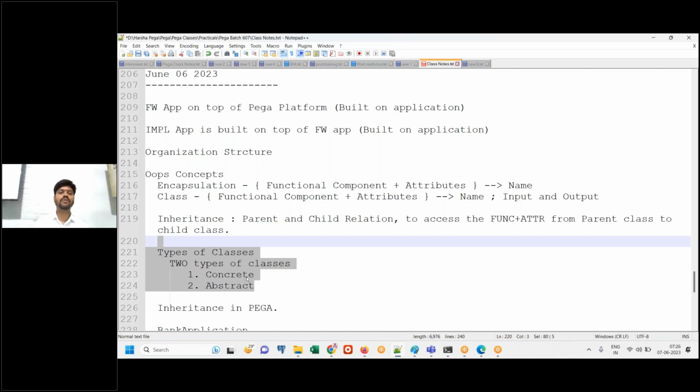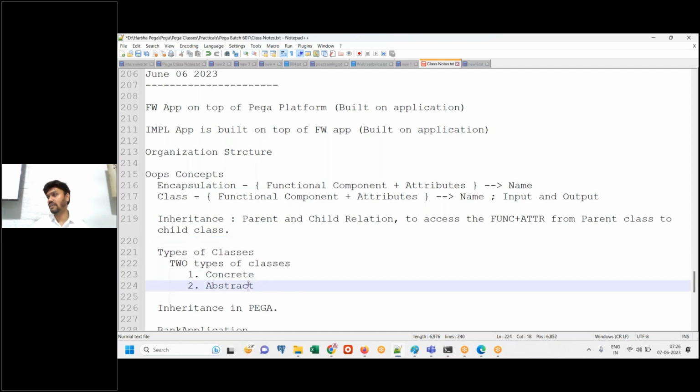Knowing what is concrete and what is abstract is easy. At the time when you get a requirement and are creating a class, you have a question: should I create abstract or concrete? How do you know that? Only when you understand it in the real world will you be able to know. Clear, everyone? Just listen to me closely. Fully focus here.